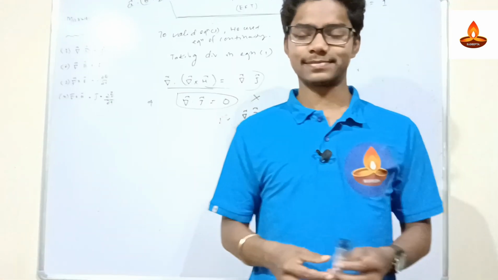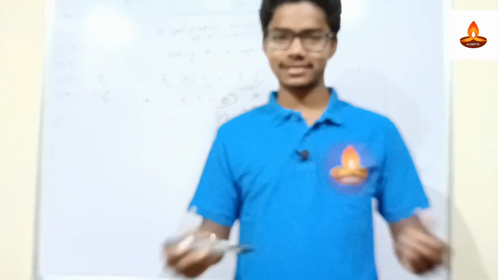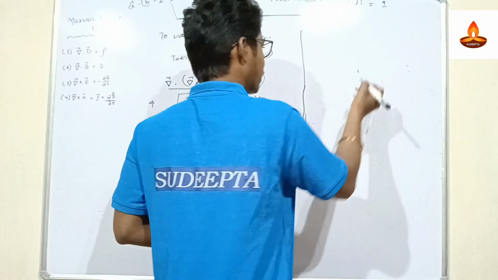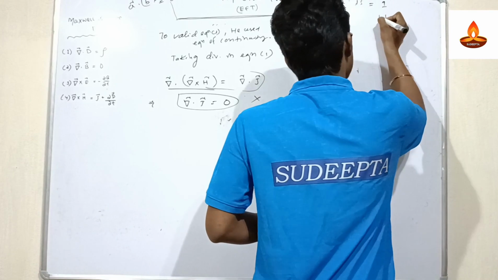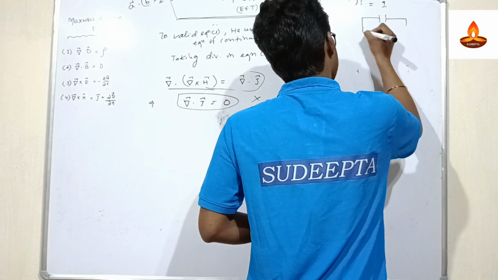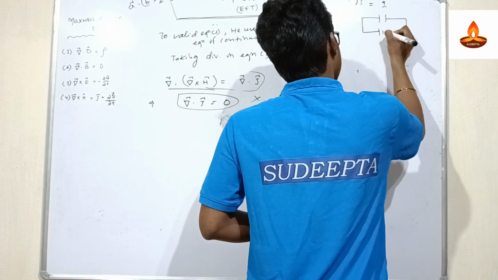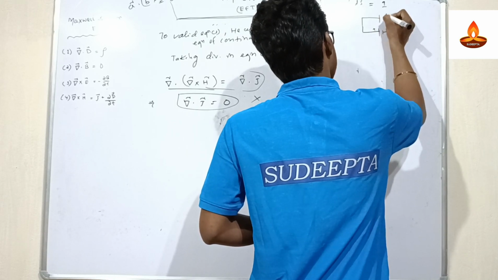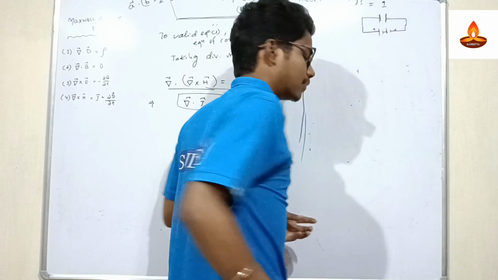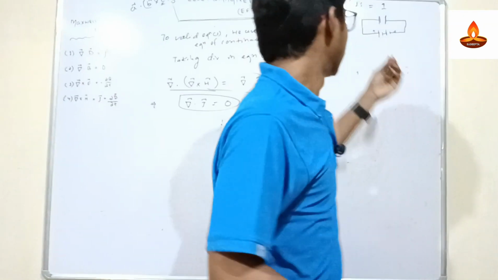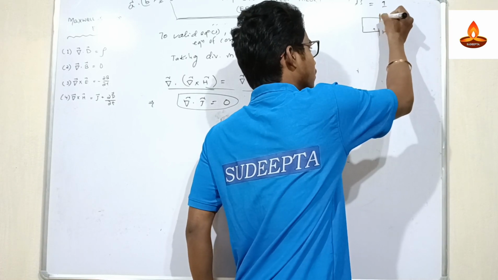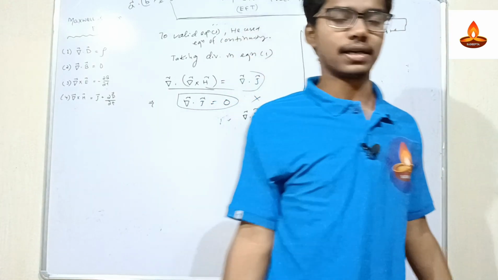I have also discussed displacement current in the previous lecture, but I will repeat it. What is displacement current? When a capacitor is in series, and in between there is a dielectric, we say that no current flows.